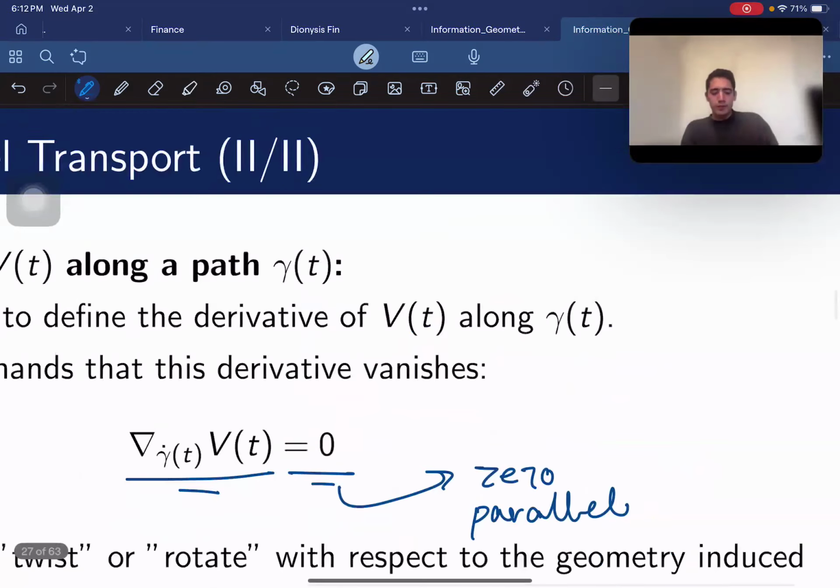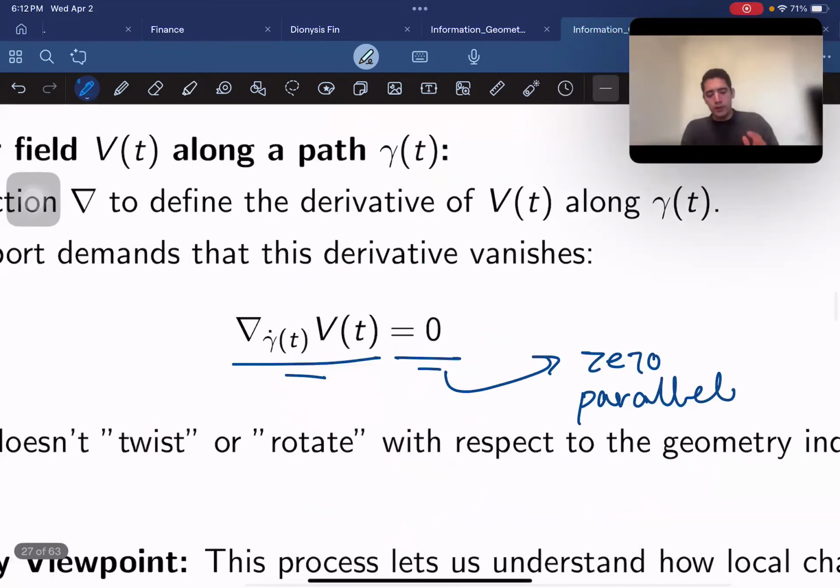As you remember, what does connection mean? Connection means if I go alongside the curve, how much my vector field would change. And we say it is 0 when we are considering an autoparallel curve.